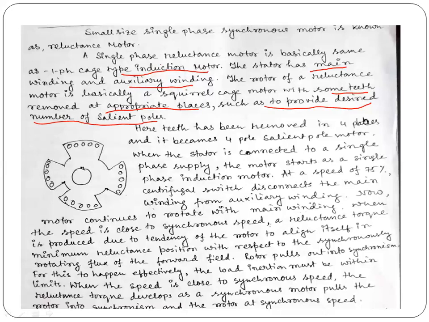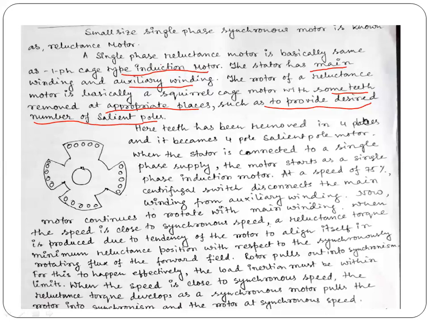For this to happen effectively, the rotor load inertia must be within limits. When the speed is close to synchronous speed, the reluctance torque developed as a synchronous motor pulls the motor into synchronism, and the rotor runs at synchronous speed.